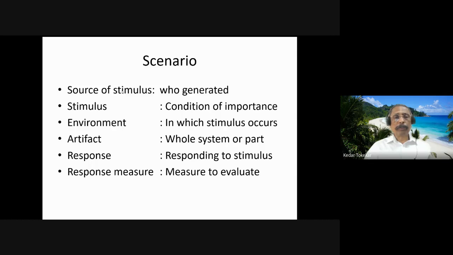Source of stimulus means who generated it. There must be some reason by which this situation has been generated. A scenario means it is a situation. It's like, if this happens, what will happen? This kind of thing we are talking about. So we are saying that the situation or scenario must have appeared because of someone's trigger.